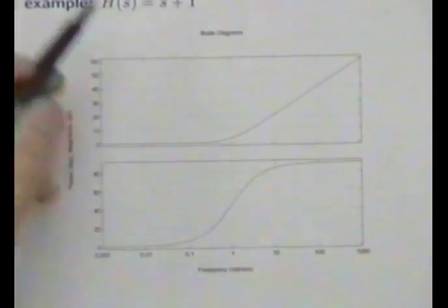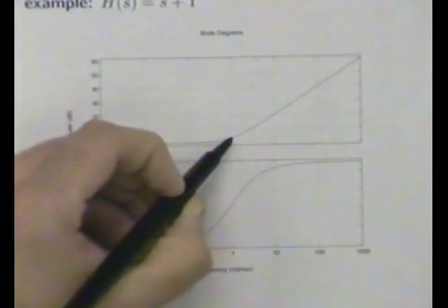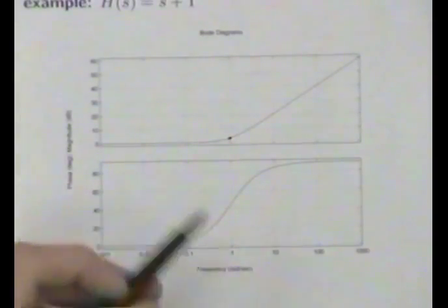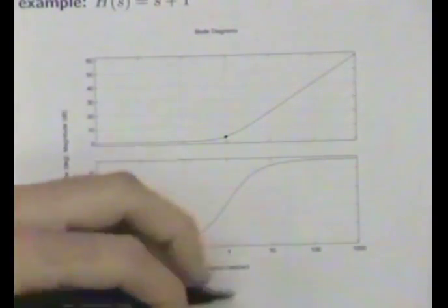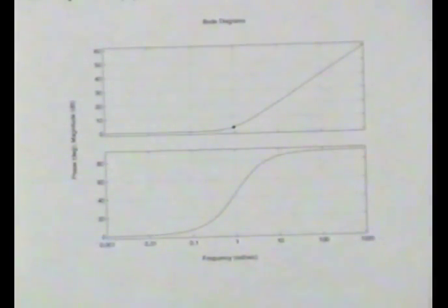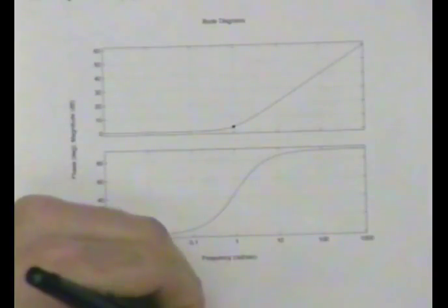And at the 0 location, you are plus 3 dB from the DC value. And then the phase is the same idea. You start at 0 here, and then very high up, you're left with essentially 90 degrees.